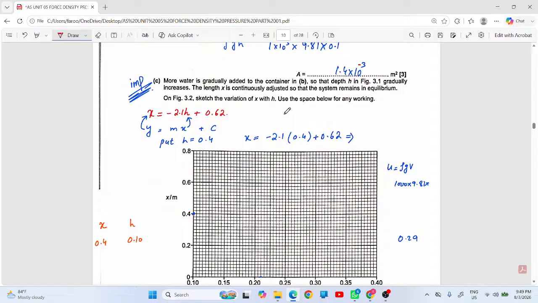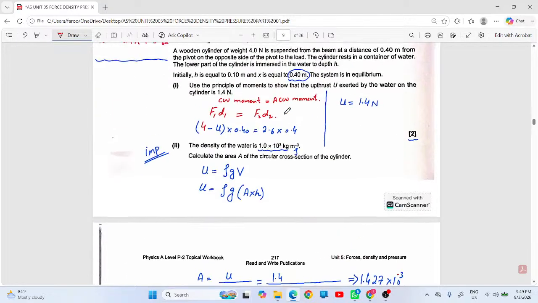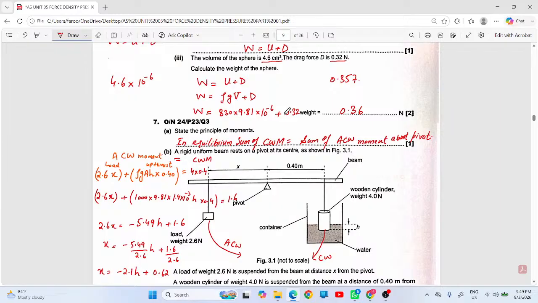जी बच्चे। तो इसमें हमारे पास बच्चे, यहाँ पे हमारे पास डिस्टेंस कितना था पहले, 2.x, 2.6 is the weight, x is the distance, and upthrust is now 4.